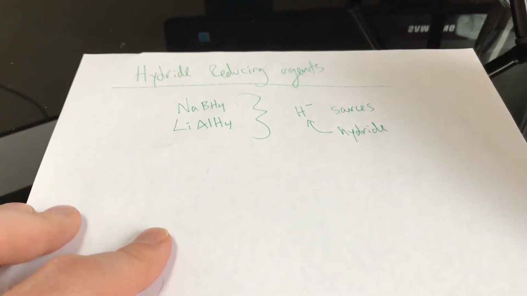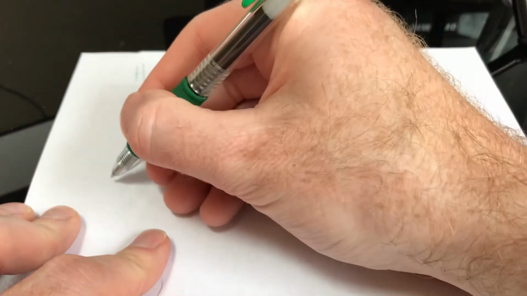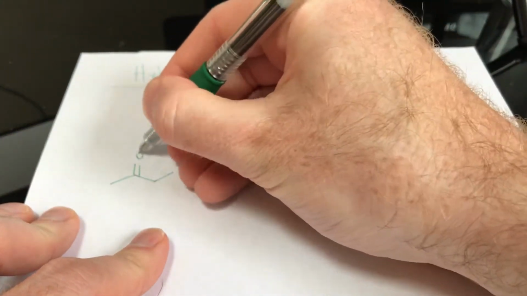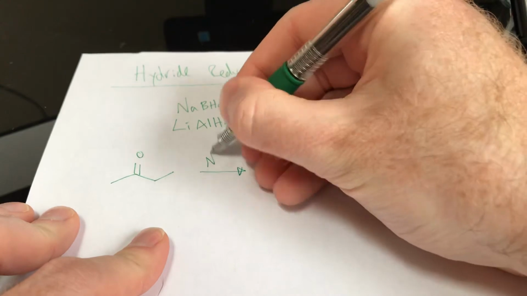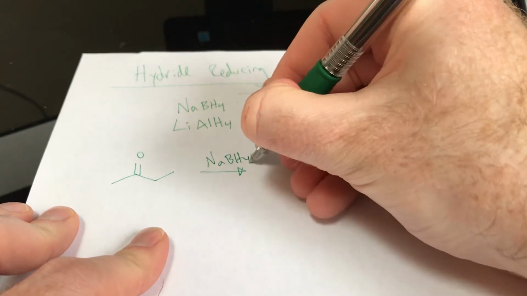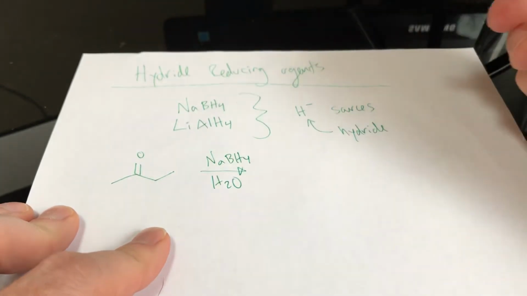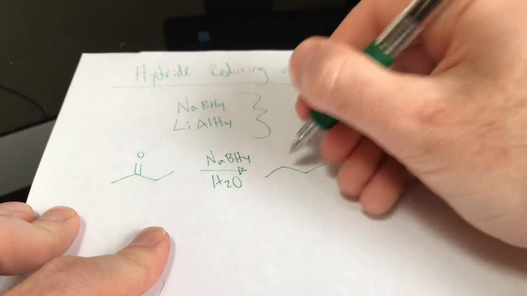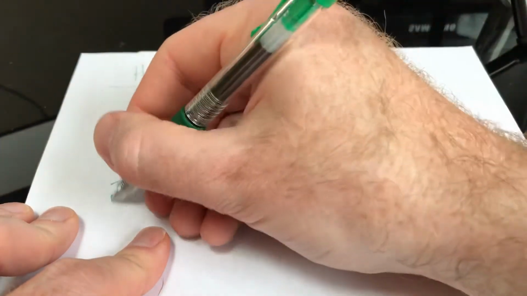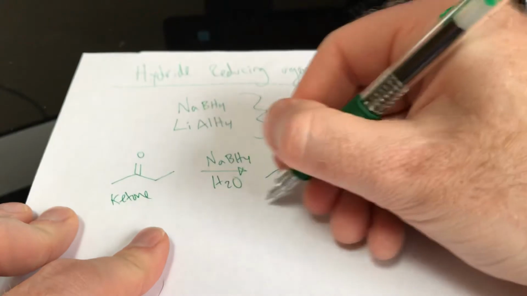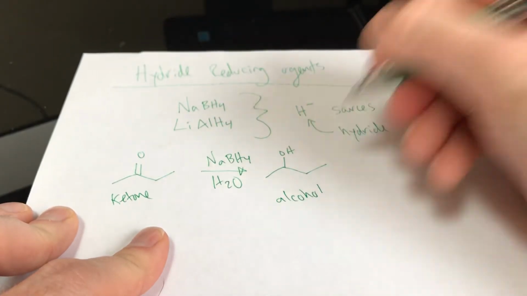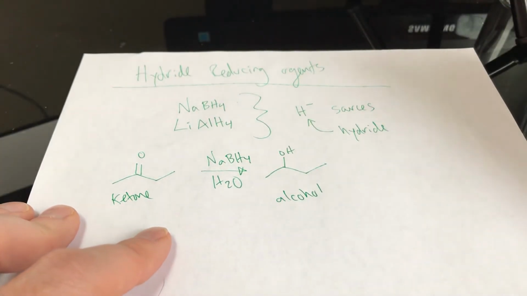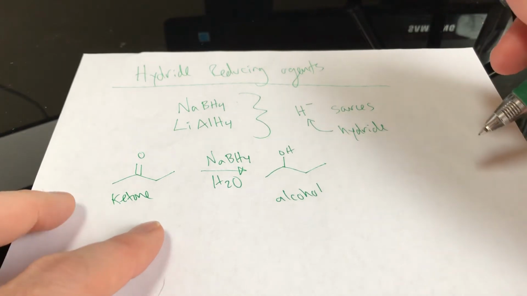So if I start a reaction and I add some NaBH4 and some H2O, I can turn a ketone into an alcohol. Right? And what you'll actually get here is a mixture of stereoisomers.